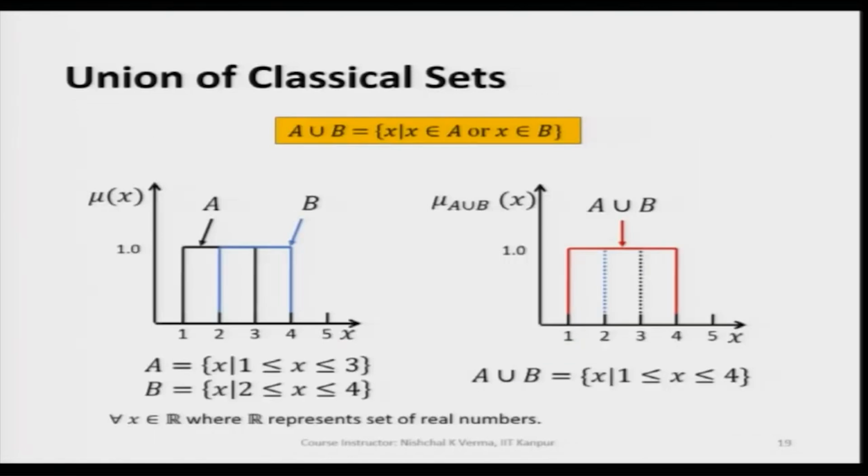This can be clearly understood by this example, where we have two classical sets, A and B, and when we find A union B, we can clearly see that all of the elements of A and B both are included in A union B.